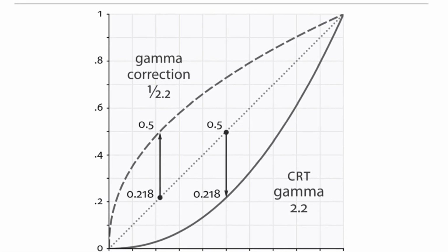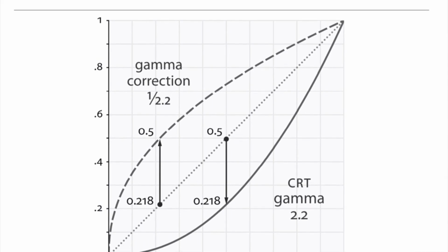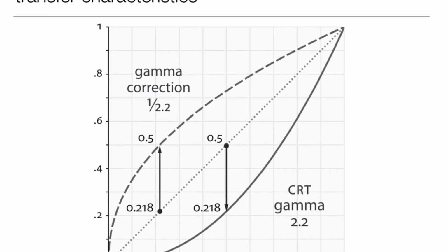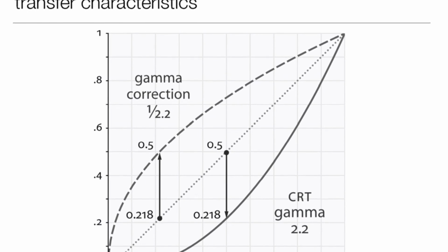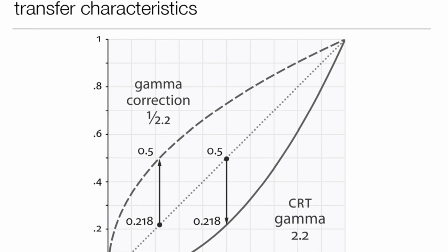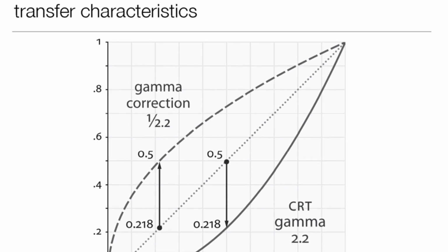This is the response of my CRT. So I pick 2.2 as my gamma. What I have to do in order to let my audience view the signal exactly as I perceived it is to apply a gamma correction, which is just the inverse of the gamma function that I'm subject to.